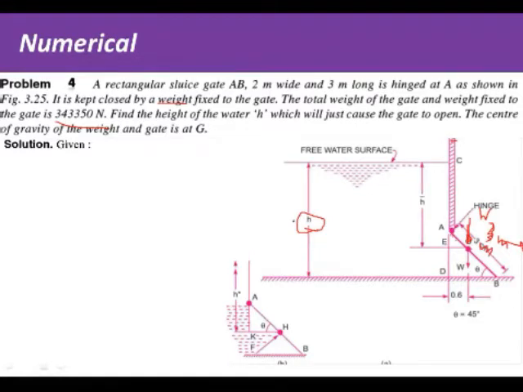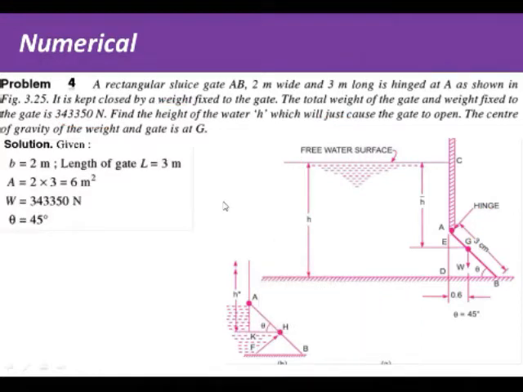That means if you fill the liquid up to level H, the gate is about to open, and if you increase the water level even by 1 mm or 1 centimeter, the gate will automatically open and all the water will come out. So we are supposed to find this H, the maximum height of water which will cause the gate to open. Is the problem understood? Okay, so we'll proceed with the problem.